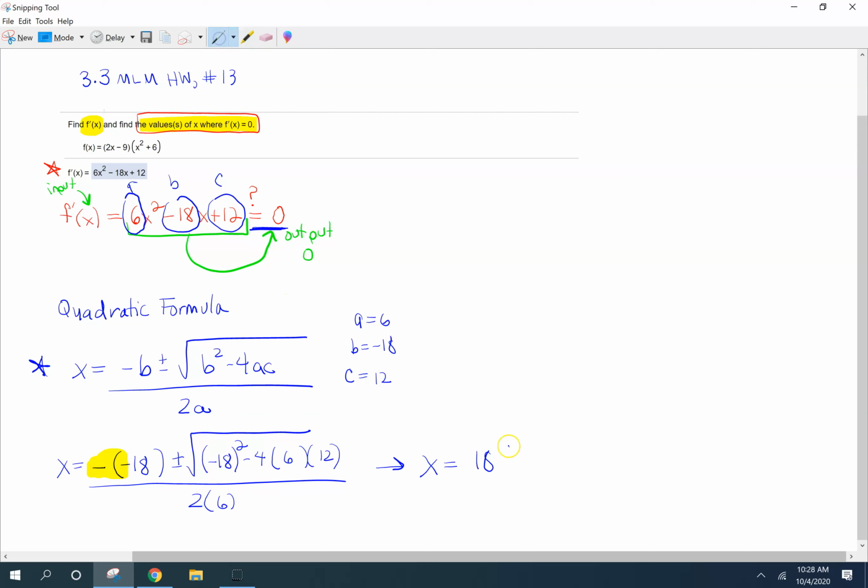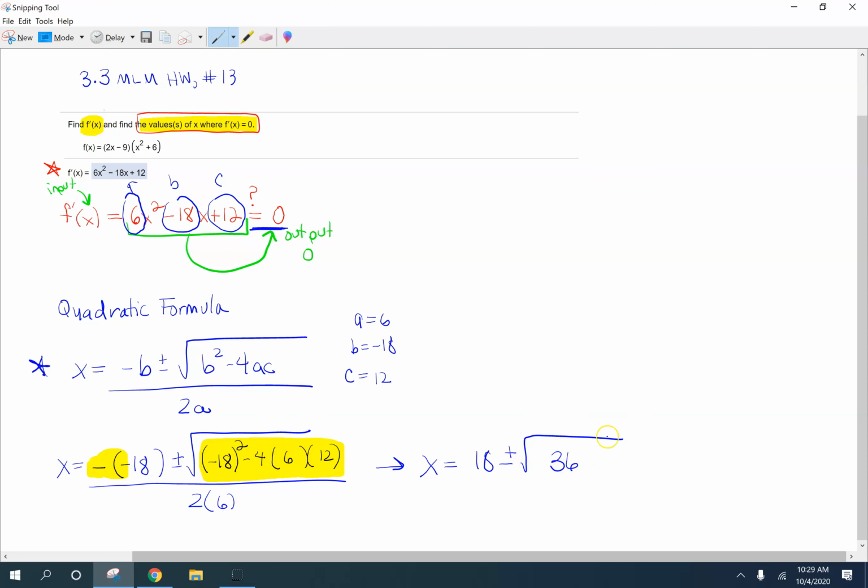Then we have plus or minus the square root of what? I'm going to type all of this radicand, the expression under the radical sign is called the radicand, into my calculator and see what I get. When I type that in, I got 36, which is a perfect square.